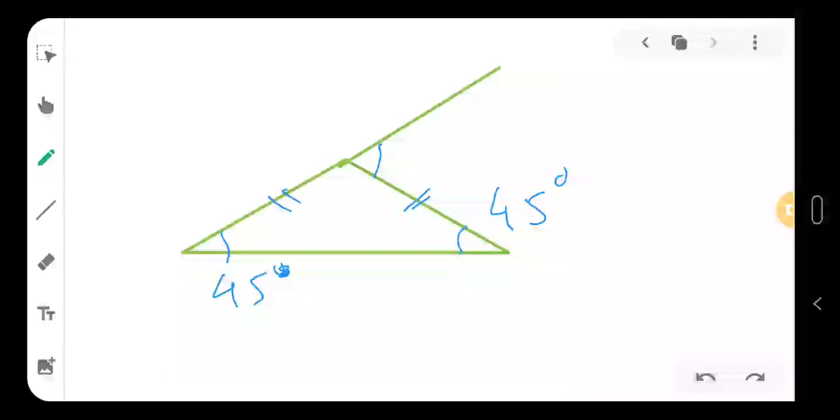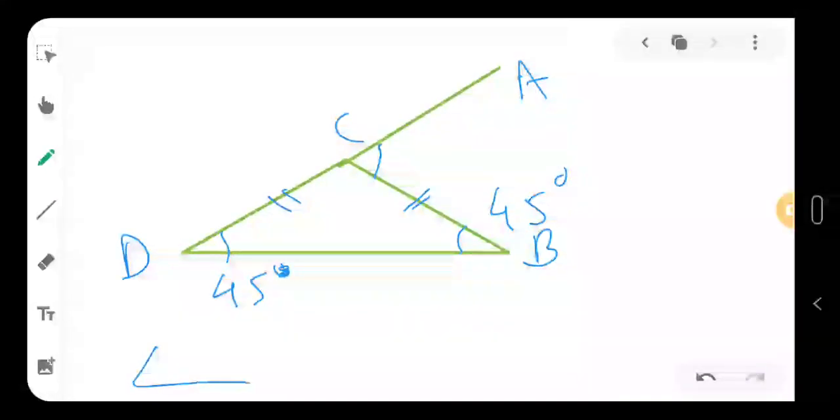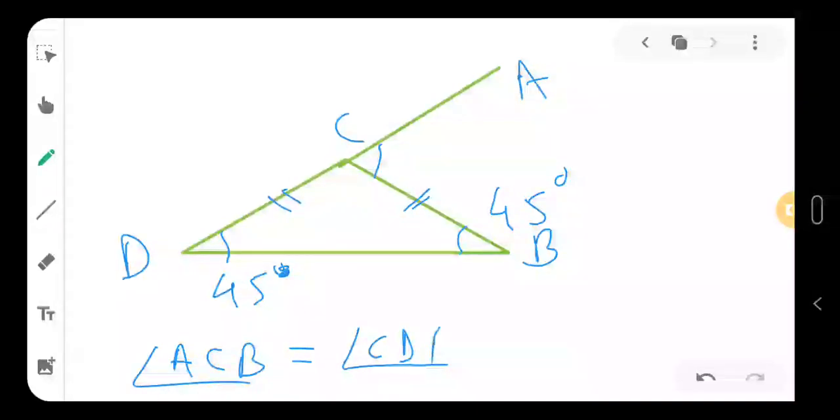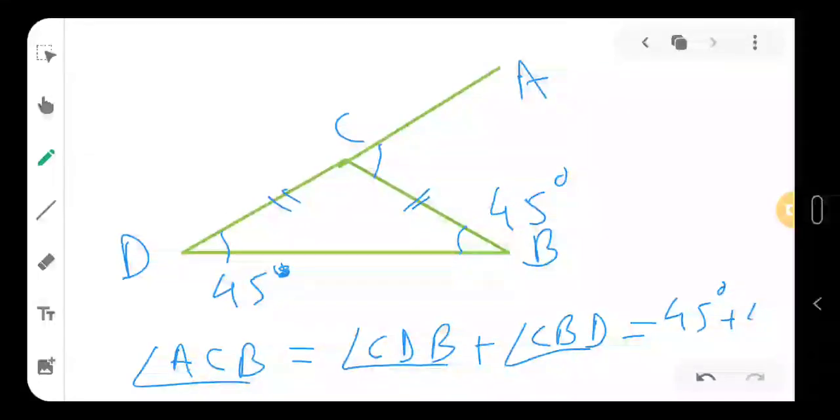So the outside angle, let's say C is the outside angle here, and this is A, B, D. So I can write that angle ACB is equal to angle CDB plus CBD. That means this will be 45 plus 45 is equal to 90 degrees.